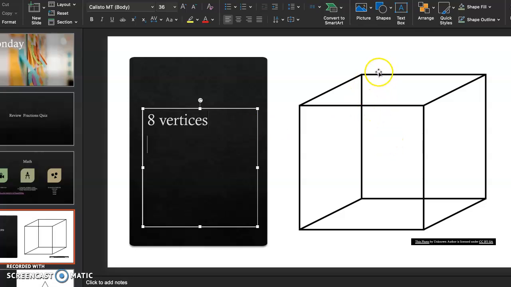How many edges? 1, 2, 3, 4, 5, 6, 7, 8, 9, 10, 11, 12. 12 edges. How many faces? 1, 2, 3, 4, 5, 6. 6 faces. And what is the name of this shape here? A cube.